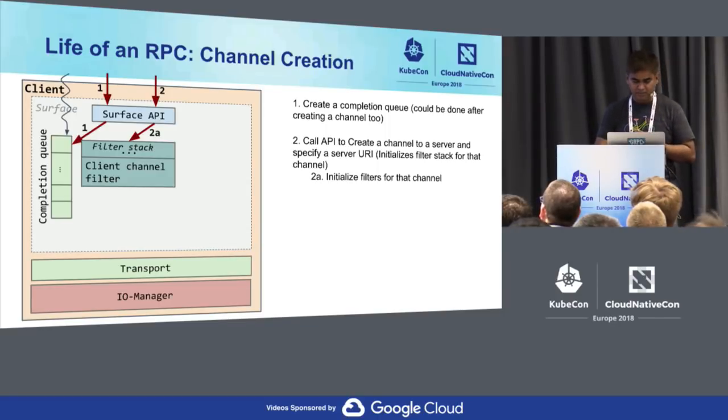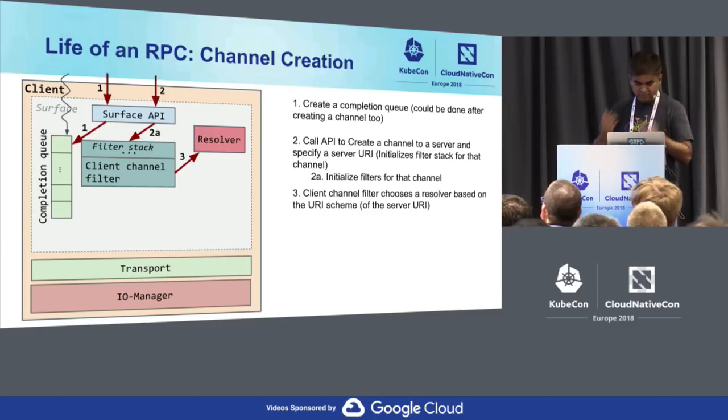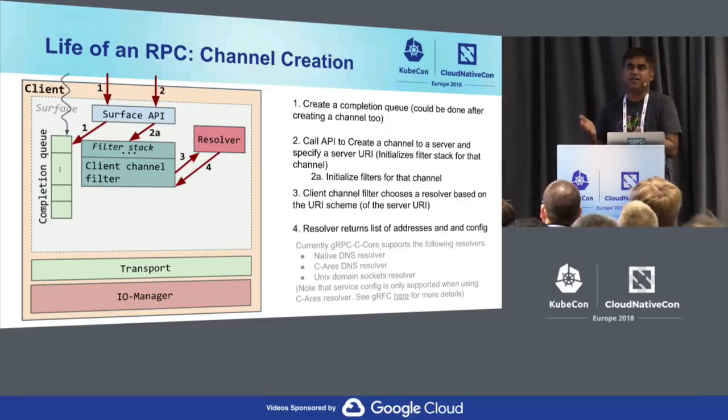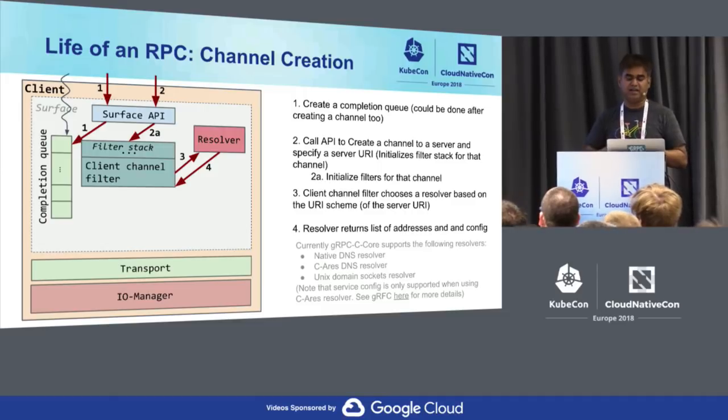So the client channel then calls the resolver. Resolver is pluggable. There are multiple resolvers that we support. And then the resolver returns you a list of addresses that the URI resolves to. So a single server URI might actually resolve to multiple backends.